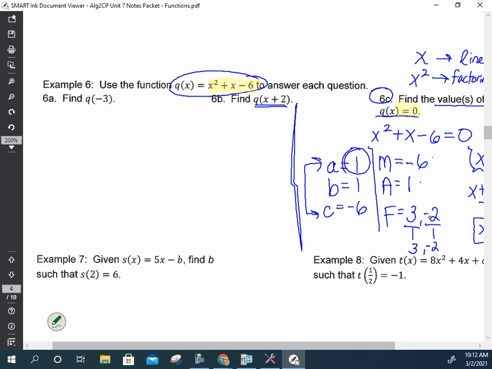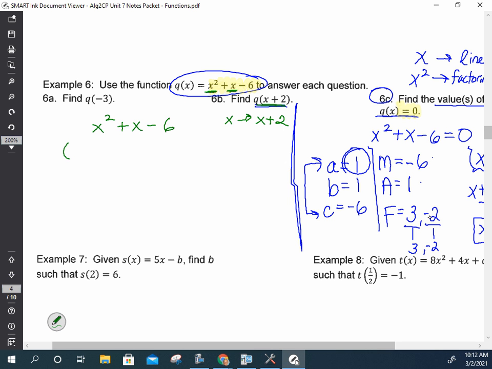So that means we're going to take x plus 2 and plug it in for x. Notice that x is in two different places, so we have to plug it into two different places. So x squared plus x minus 6. Everywhere we see x, we're going to replace it with x plus 2.